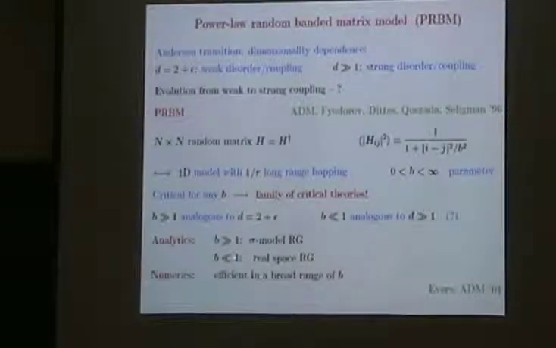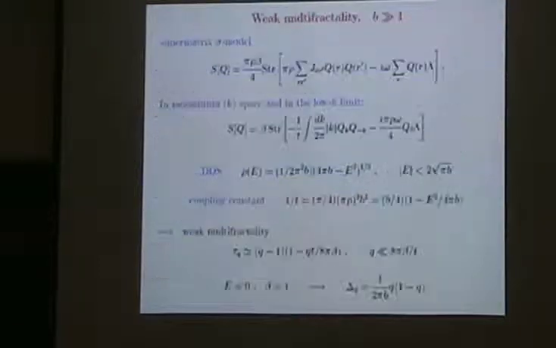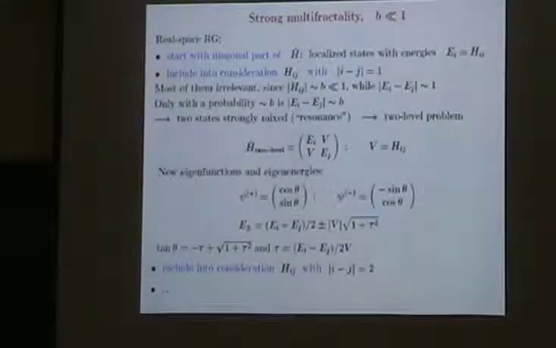At large b, you can study it with the same methods as the sigma model: the conventional theory in 2 plus epsilon dimensions, and you get weakly multifractal critical points, because the transition is in the regime of strongest order of Higgs.